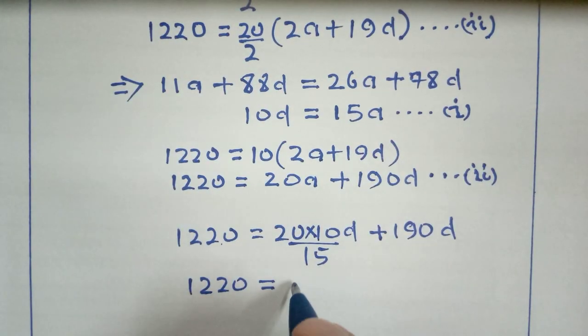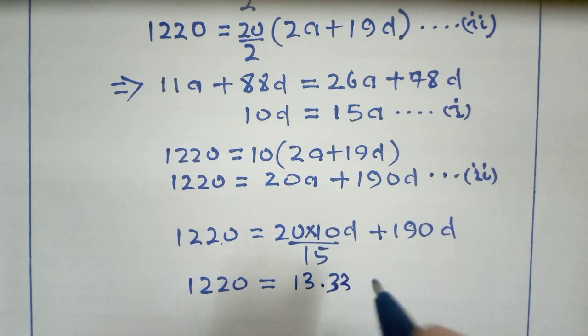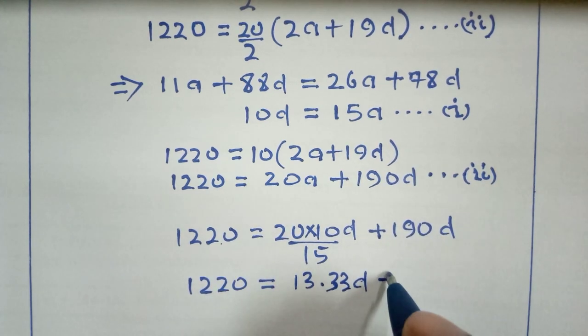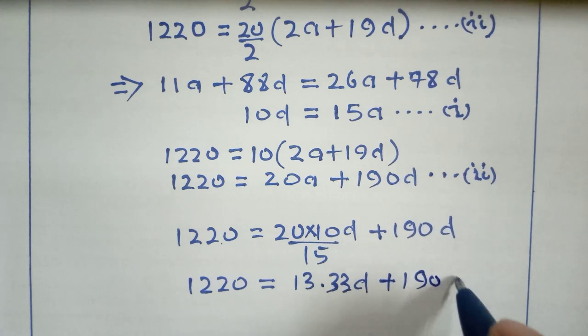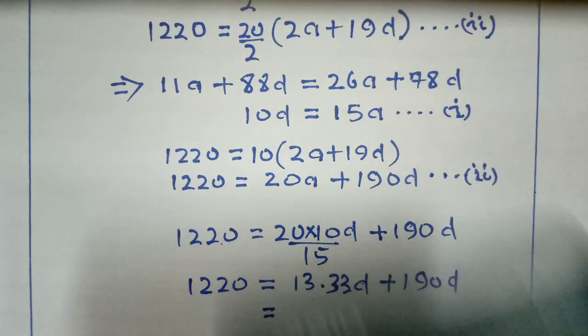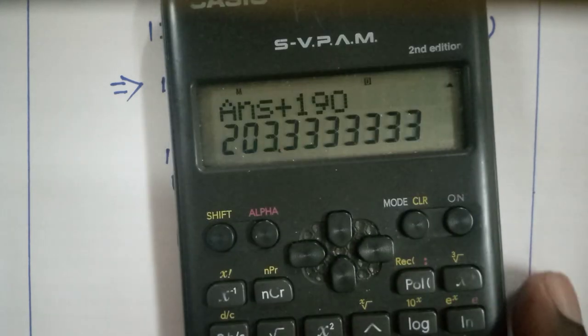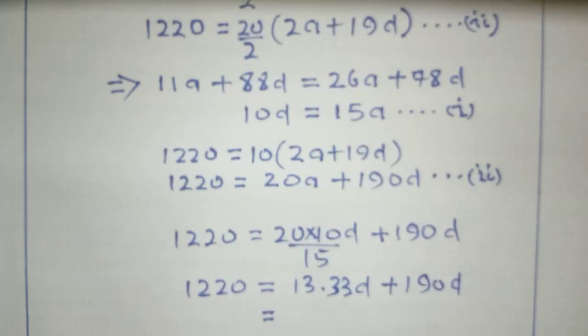So this one gives us 13.33d plus 190d. If we come now and add that, 13.33 plus 190 gives us 203.33.